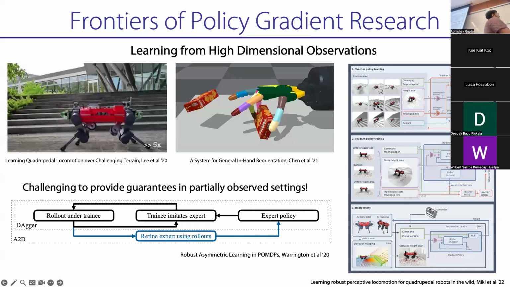So you have a policy that works from privileged state, but you have to get something to work from vision, which is not privileged. You could do supervised learning between those two things, but the solutions might not be the same. The solutions for privileged and not privileged might be different. So how do you actually use the privileged policy to inform the not privileged policy? It's not that trivial.